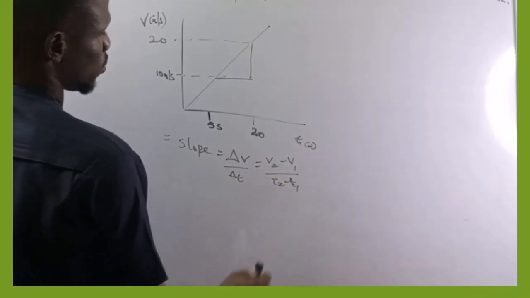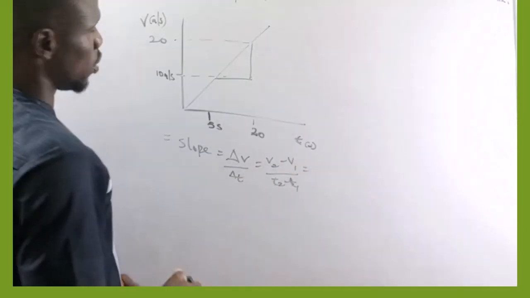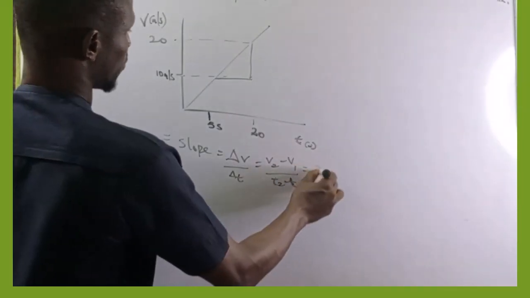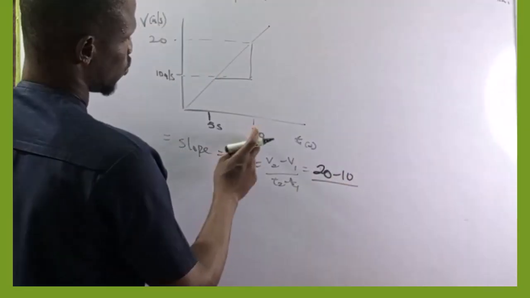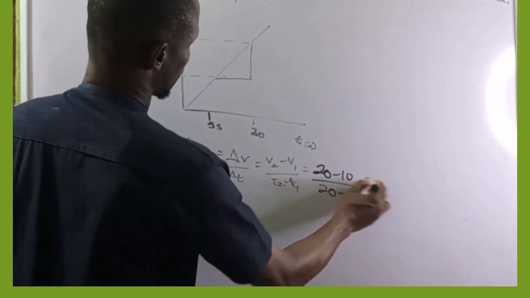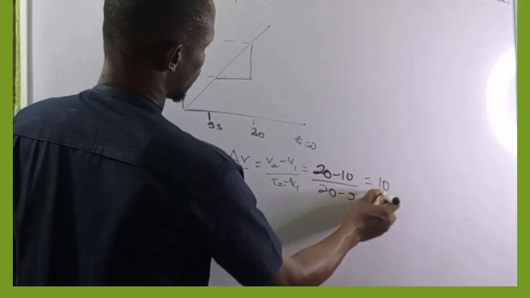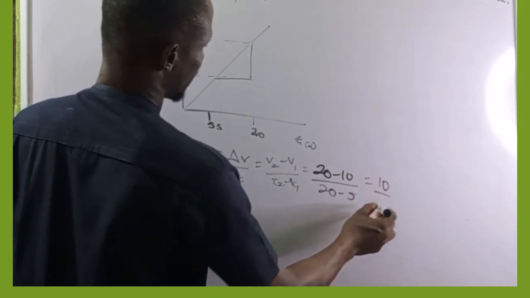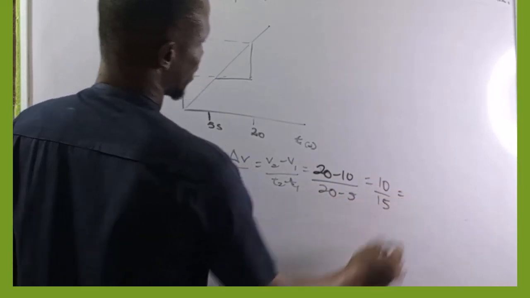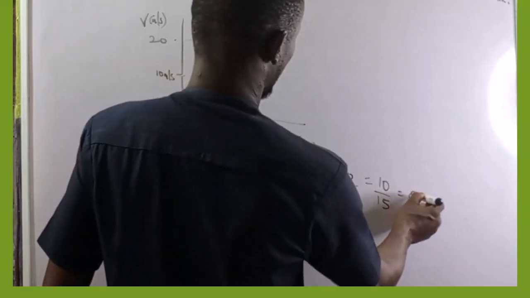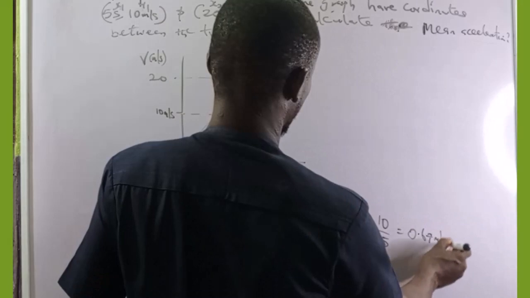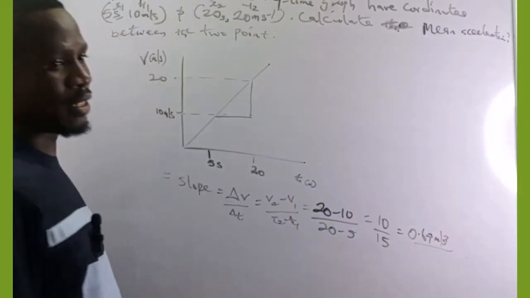So it's going to be 20 minus 10 over 20 minus 5. 20 minus 10 is 10, over 20 minus 5 is 15. 10 divided by 15 is equal to 0.67 meters per second squared. So that is the answer.